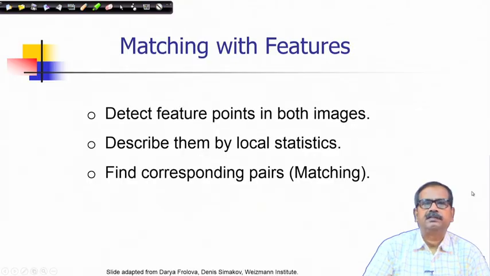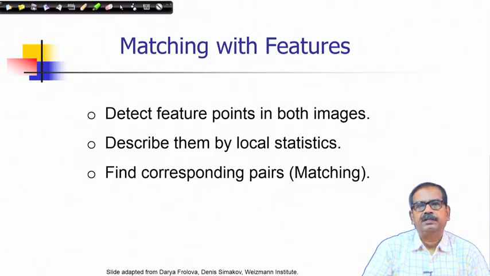So, this is the summary of the computations we discussed: first you have to detect feature points in both images, and then you should describe them by local statistics. This is how these points are to be matched, because just the locations will not give any particular information about the nature of the point.